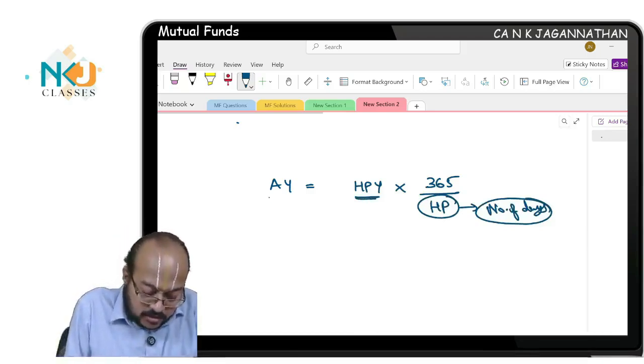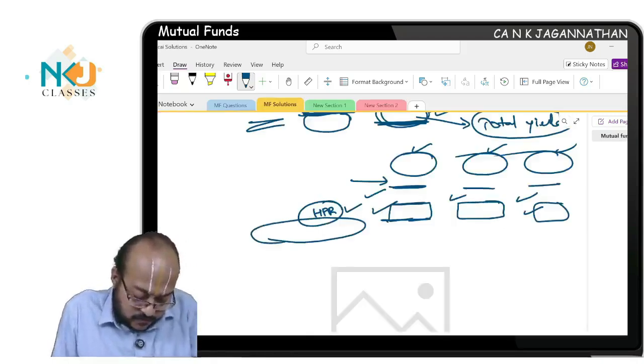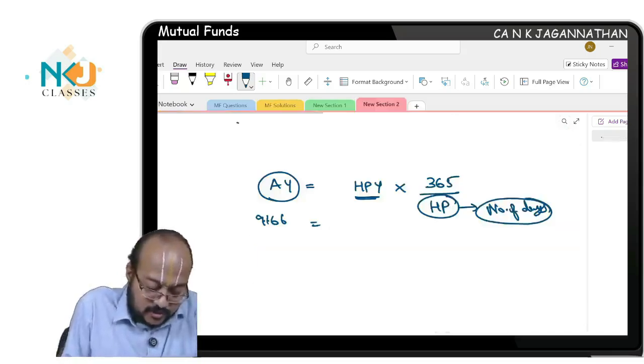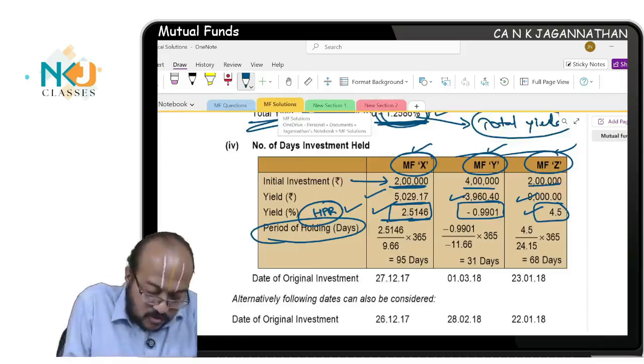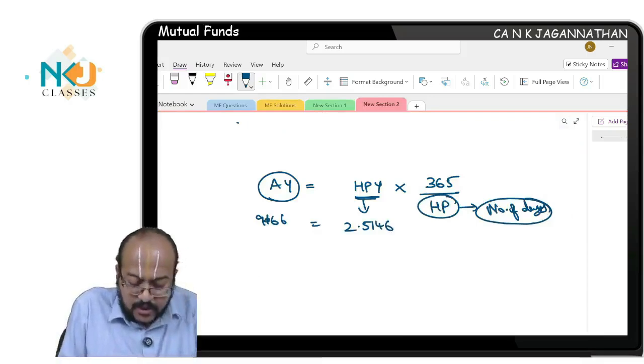Now in this question you have annualized yield of 9.66 percent and holding period return of 2.5146. So 2.5146 and this is 9.66, into 365 by holding period.